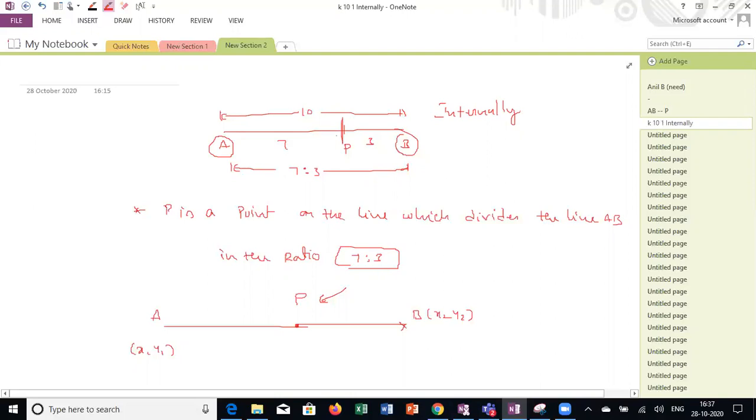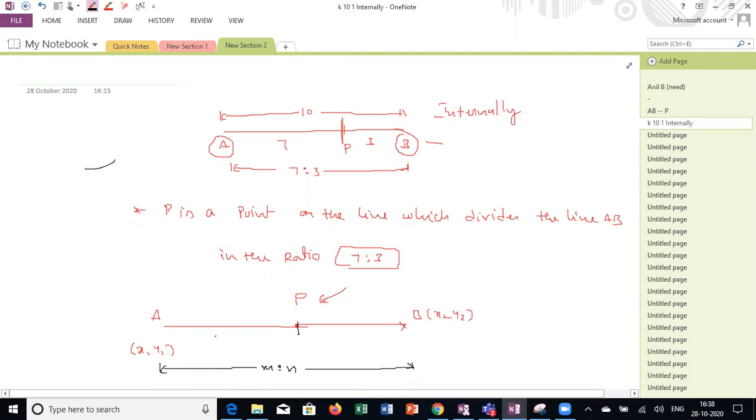Internally dividing means it is in between A and B. In coordinate geometry, I don't know the coordinates of the point P, and this point is dividing this line in the ratio m:n.